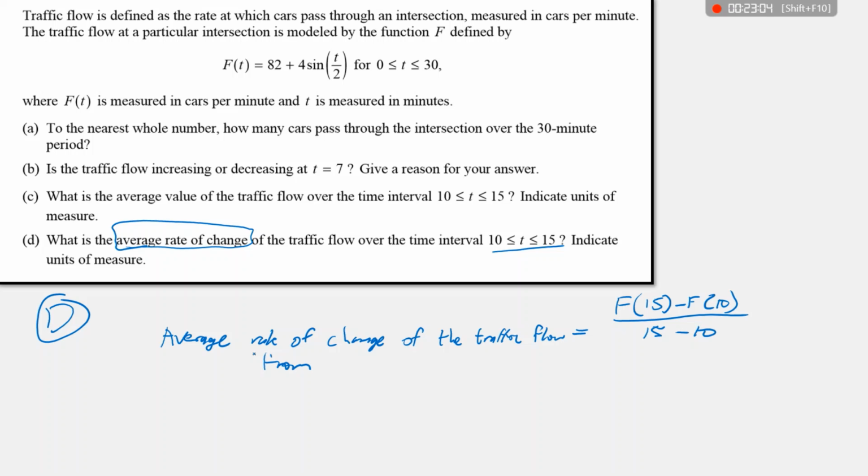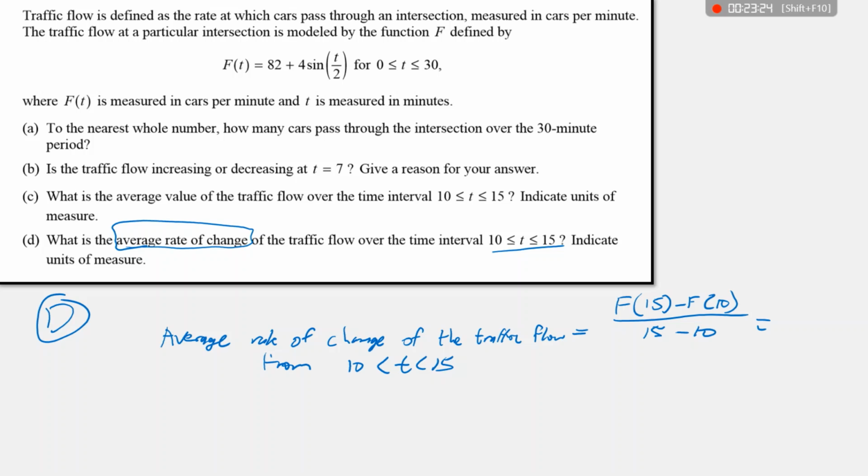So this is the average rate of change of the traffic flow from 10 less than t less than 15. It's just an average slope, so that's our average formula, y2 minus y1 over x2 minus x1. And then I'll plug this in to get my f of t's.